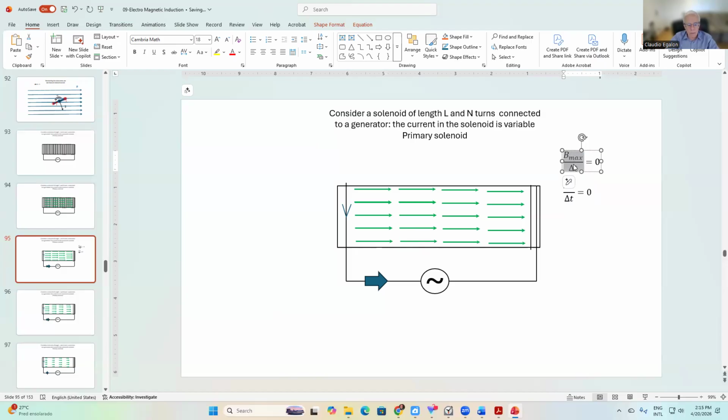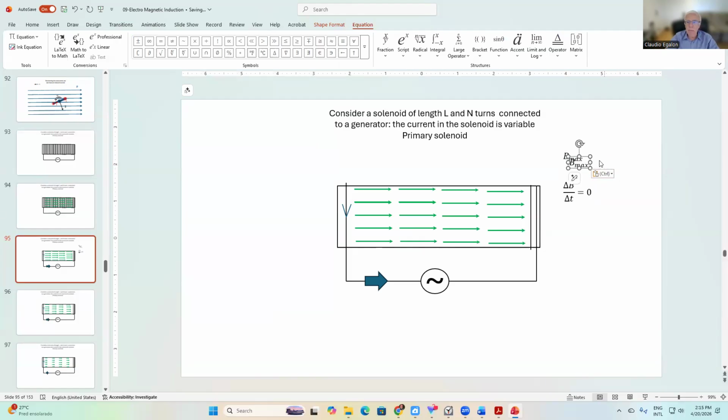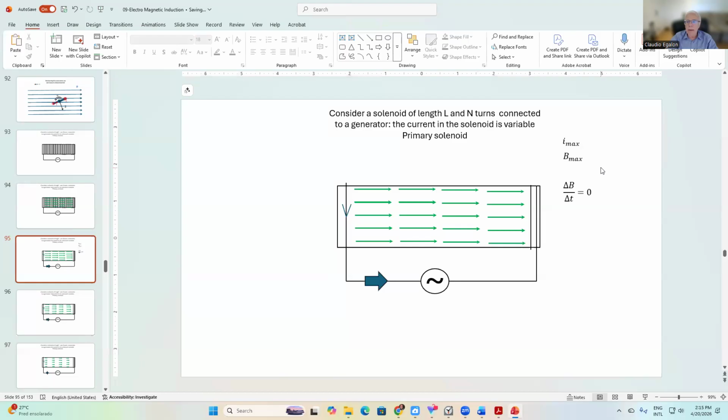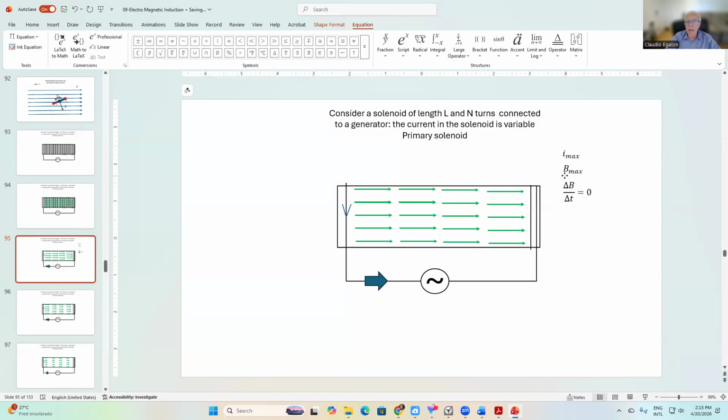Not just the field is maximum, but the current is also maximum. The current of the generator reached its maximum value as well. And now the current should be written in lowercase, because we have an AC circuit, alternating current circuit.